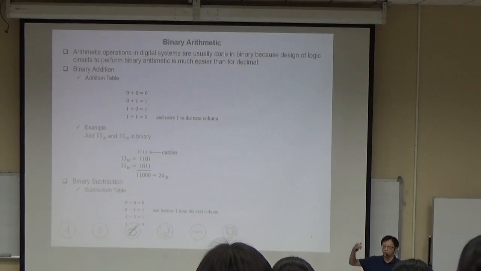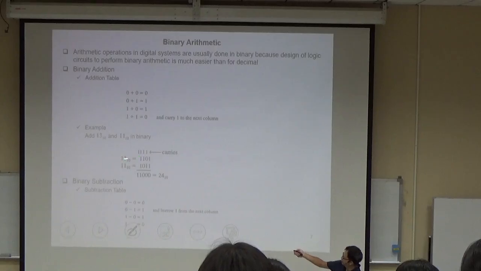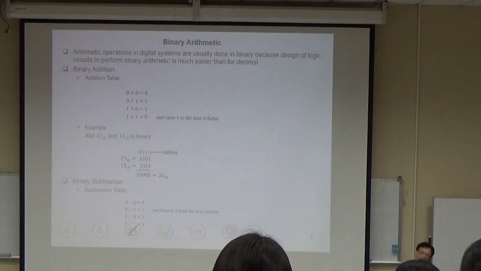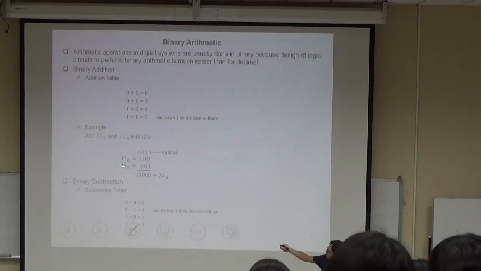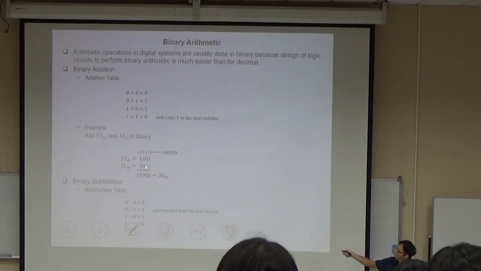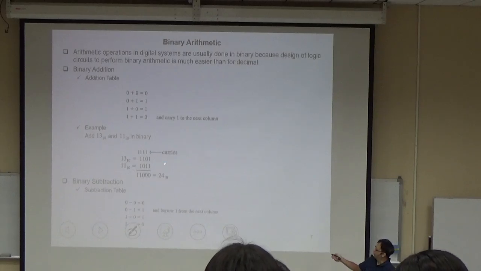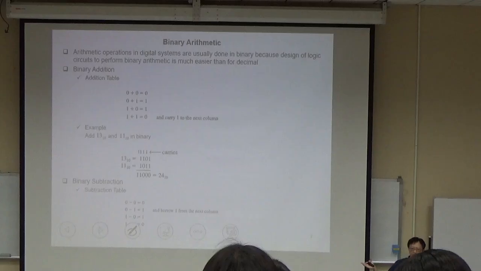In the last class we learned how 30 becomes this expression, so let's skip this step. And the 11 will become this expression. So there are two expressions in binary, and how do we perform the addition? See, it is right here.